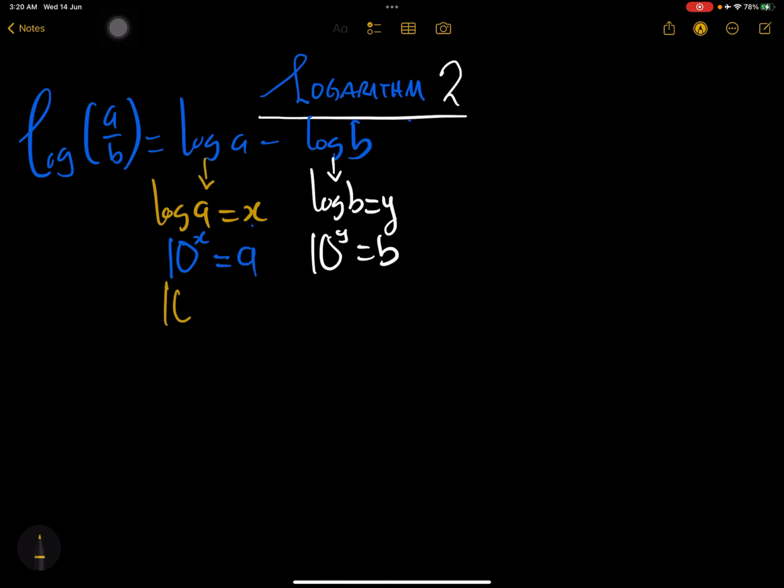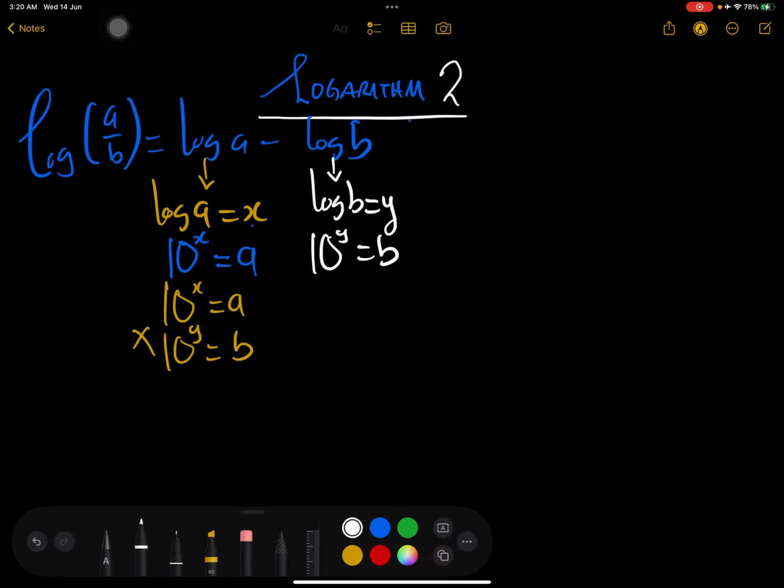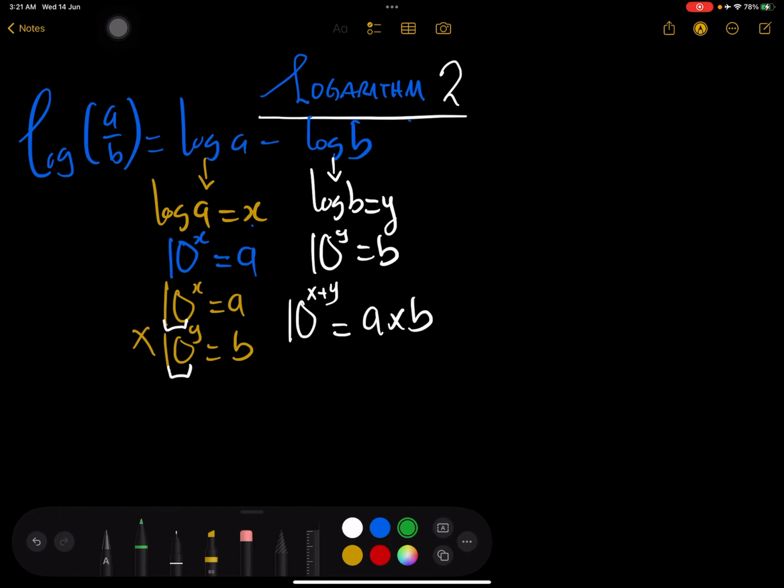So we have 10 to the power of x, which is A, multiplied by 10 to the power of y, which is B. And when we do that, we're going to get 10 to the power of x plus y, because you're multiplying this base and this base, they are the same. So when you multiply, we add the exponents, and it's the same as A times B.